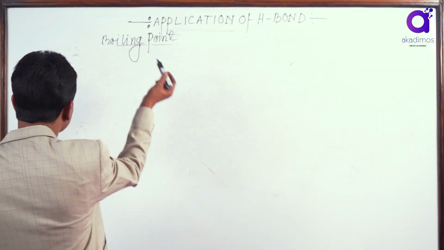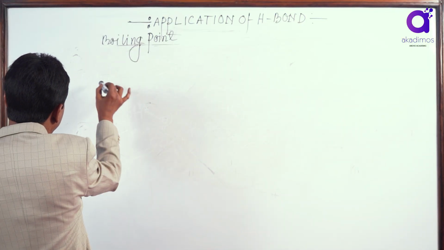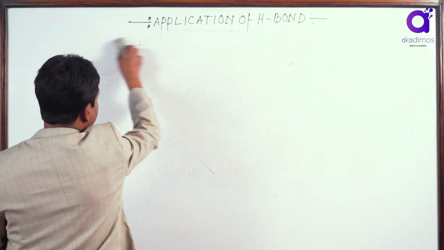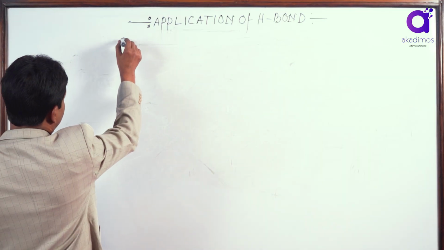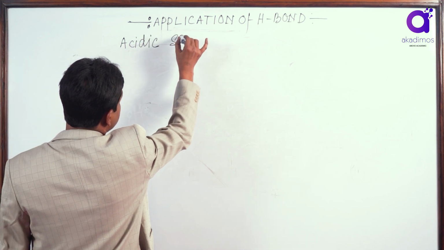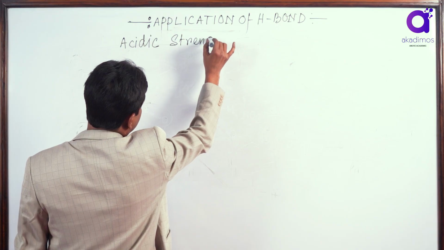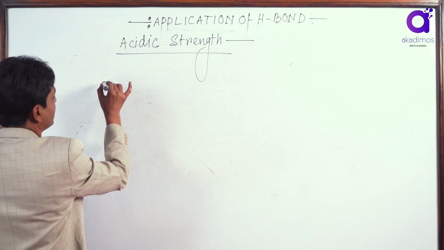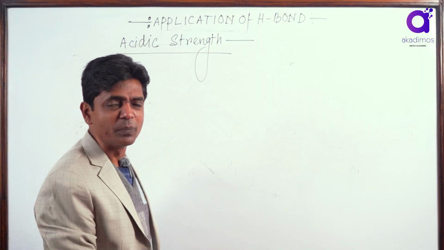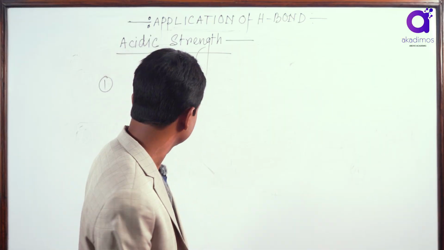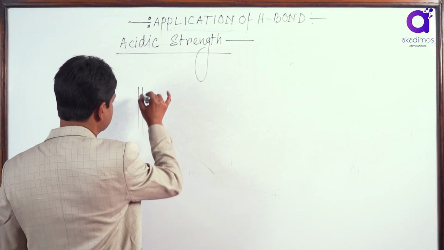Now, I compare acidic strength, where hydrogen bond will play an important role. I'm taking the first example of acidic strength. You know, fumaric acid and maleic acid. These two are isomers of each other. You know, cis is maleic acid.